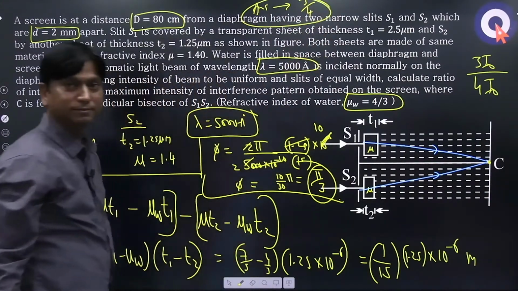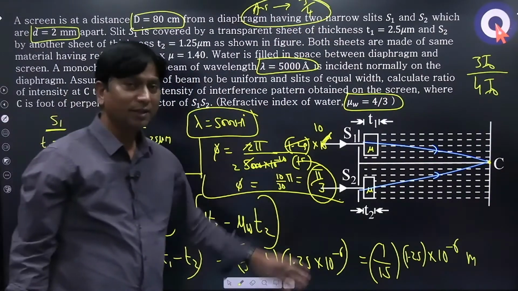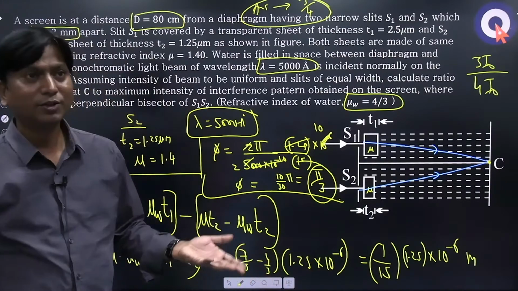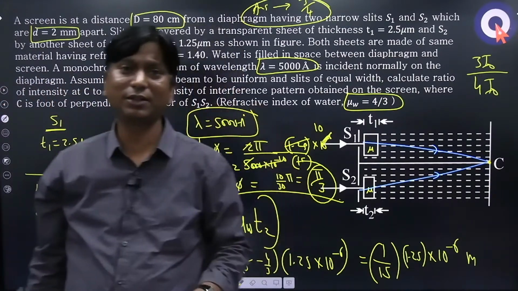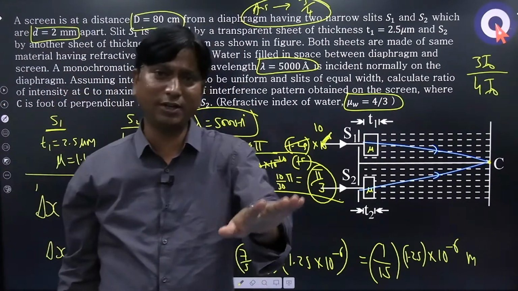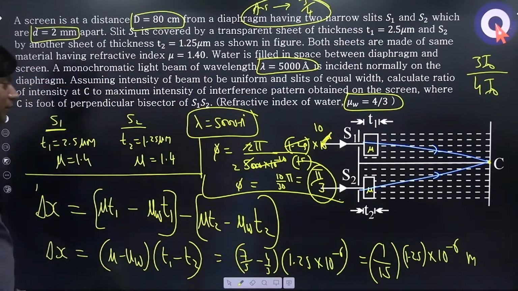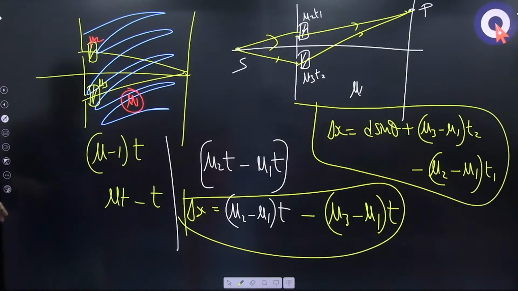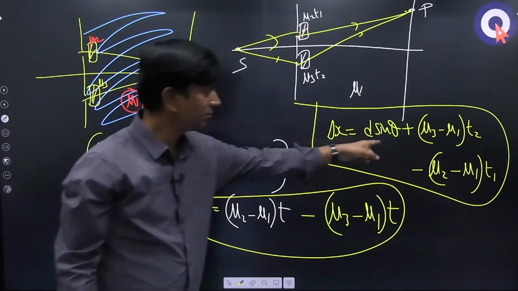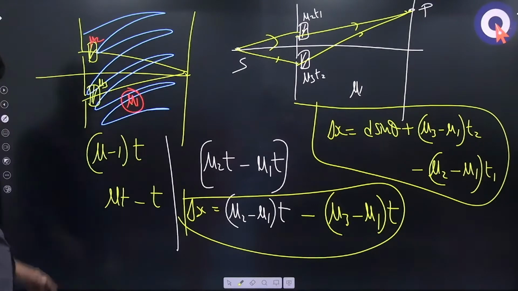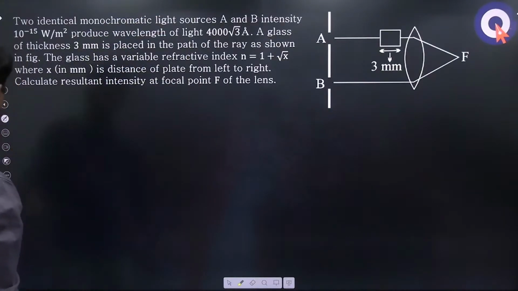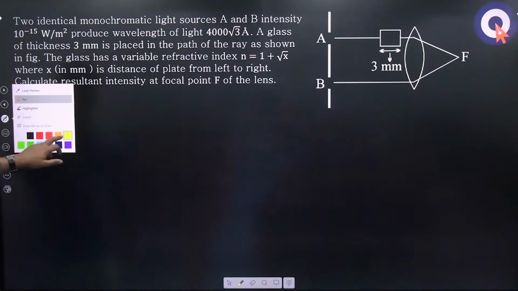That's all. Right? Because you are getting 60 degrees. 60 degrees means the resultant intensity will become 3 I naught, and the maximum intensity will be 4 I naught, provided this is I naught and this is I naught. That's all. Okay, next question. The main theme is this one, right? How you are taking the path differences. Okay, the next.